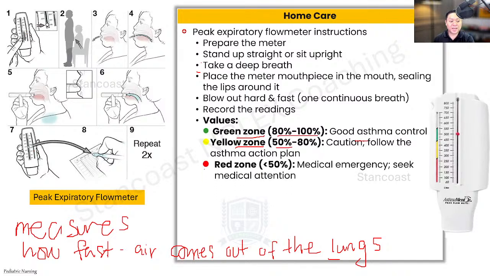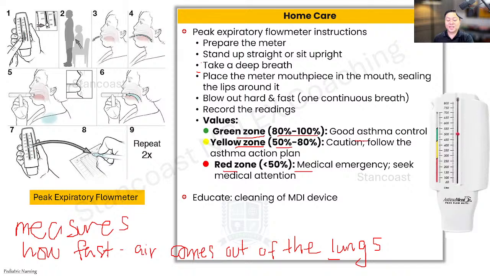And the red zone is basically their performance is less than 50%. Again, they need immediate medical attention, so they need to go to the ED right away to relieve the bronchospasm.